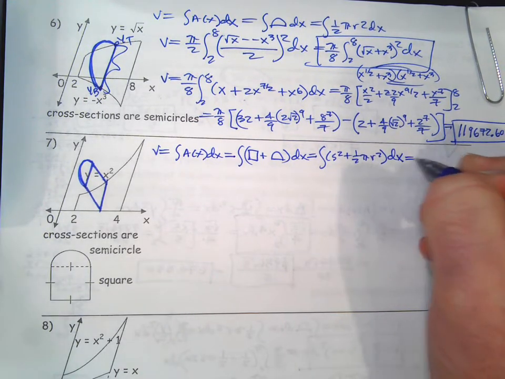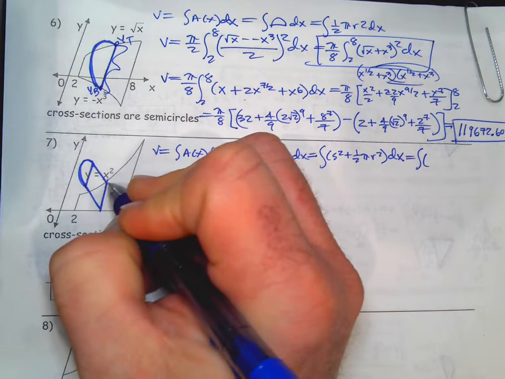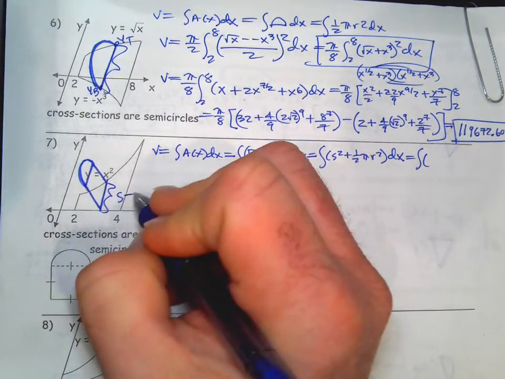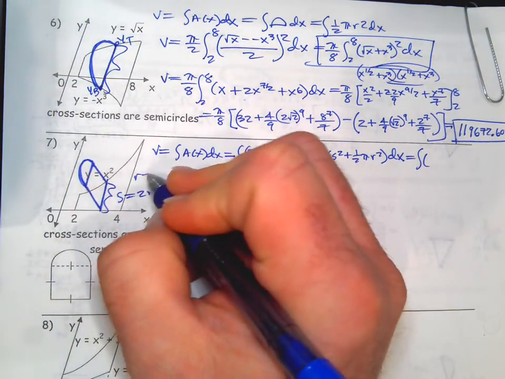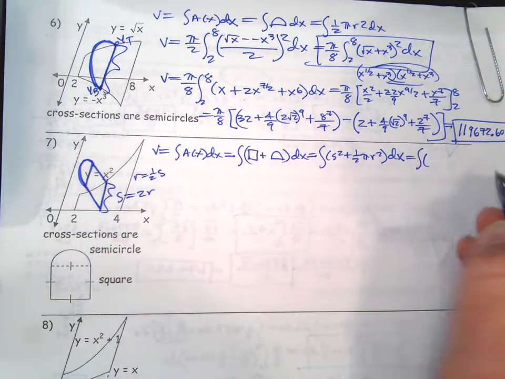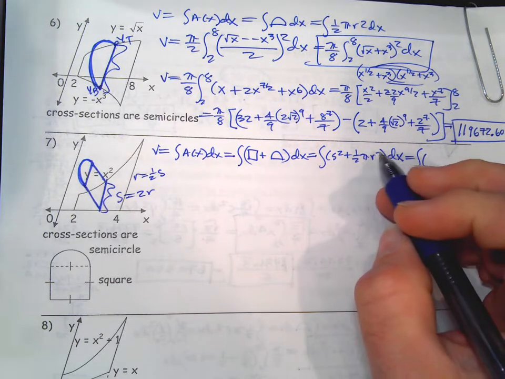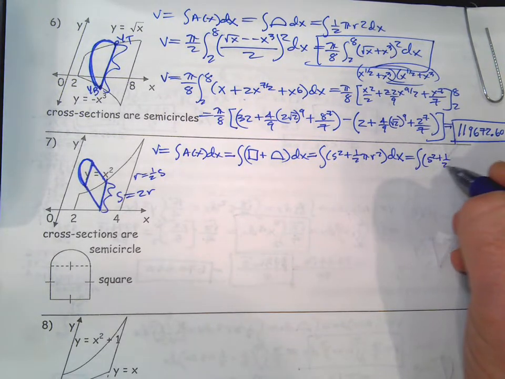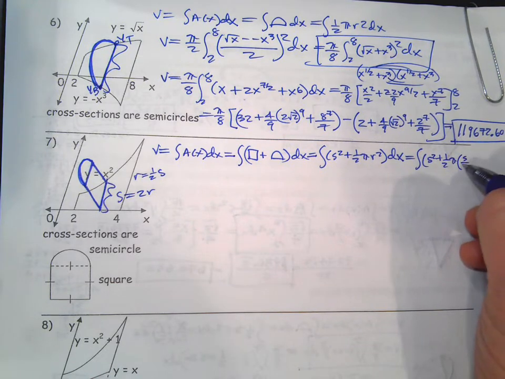We probably want to get this in terms of the side of the square. So we could either say the side equals 2 radiuses, or we could say the radius equals half of a side. I think it would be better to go with the radius equals half of a side. So it's going to be side squared plus 1/2 pi side over 2 squared.